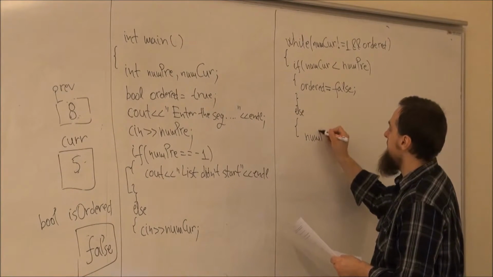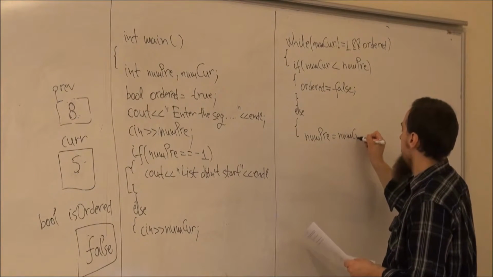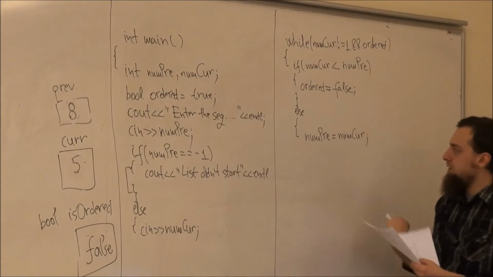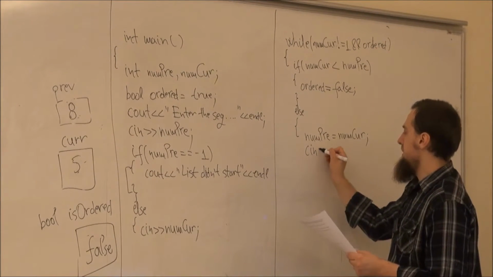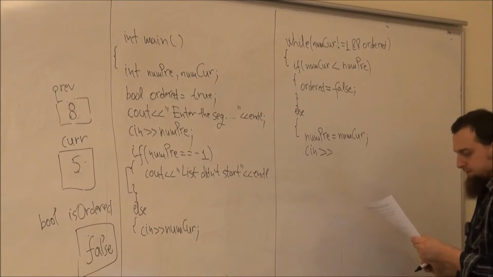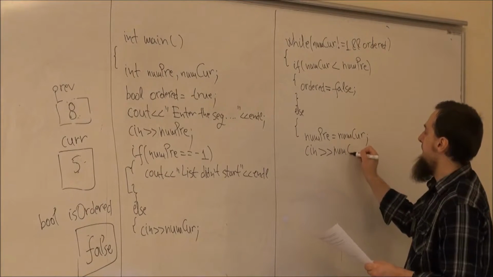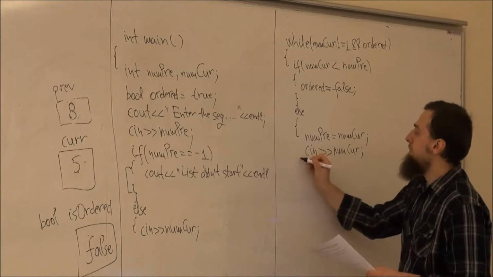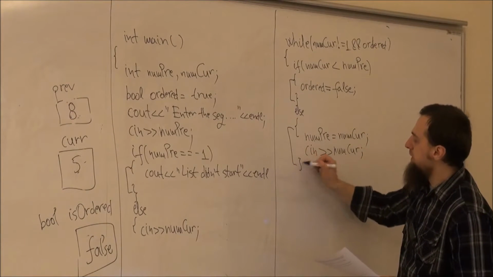Number previous is equal to the current number, and I'm reading the current number, giving new input. Cin current number. Okay, so this bracket is for this one.